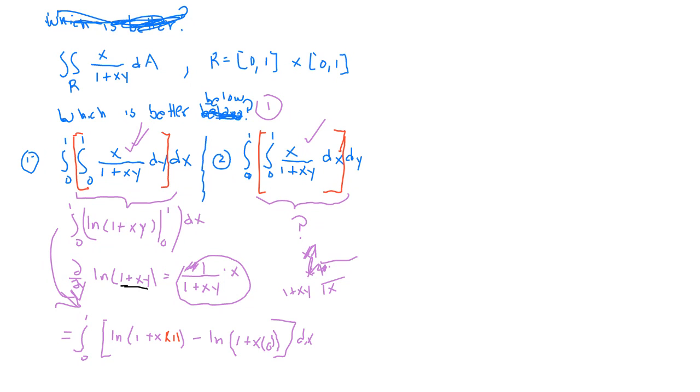This here, though, is just 1, and so no problem. Well, that's no problem, Charles. That's why we're doing this. And then the log of 1 is 0. So we're going to end up getting the integral of 0 to 1 of the log of 1 plus x.